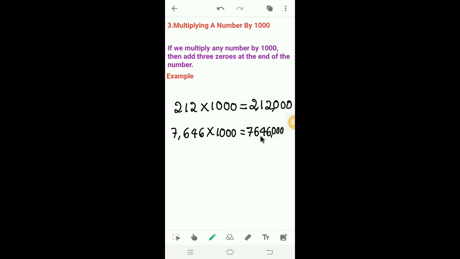So the answer is 76,46,000. If we multiply any number by 1000, then add 3 zeros at the end of the number.